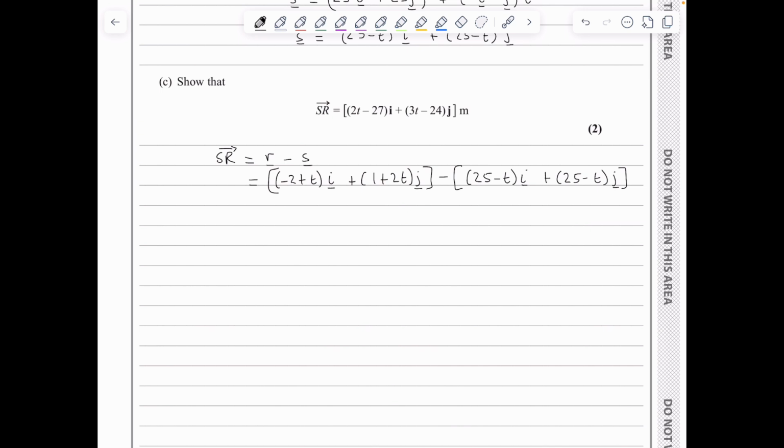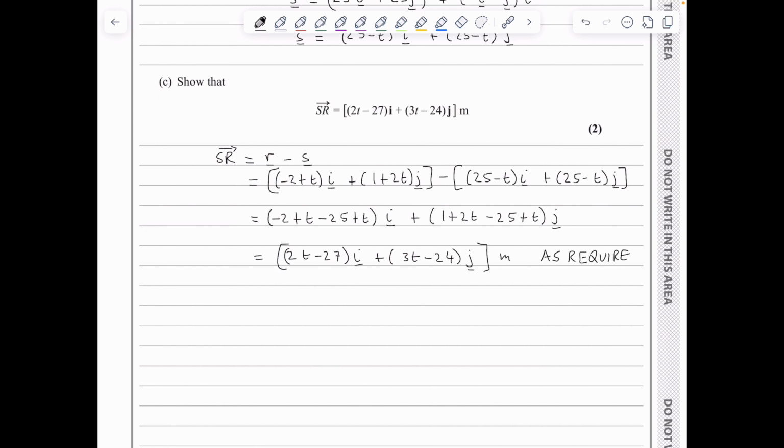The only thing missing is for me to collect the i components together, the j components together, and simplify. So we're looking at minus 2 plus t minus 25 plus t, that's the i component, plus 1 plus 2t minus 25 plus t, which is the j component. This simplifies to 2t minus 27 i plus the 3t minus 24 j, all of these in meters as required.